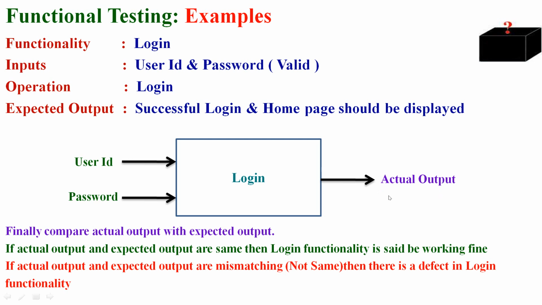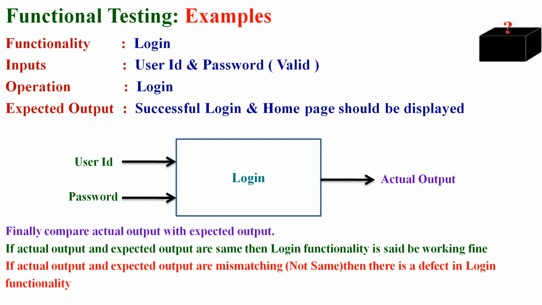You have to remember, actual output is the result which will be displayed on the screen. The result which is displayed on the screen is called actual output. Right? So this is actual output.